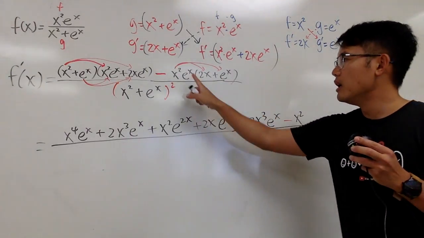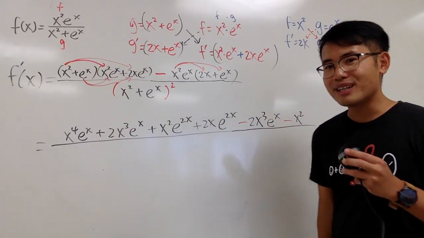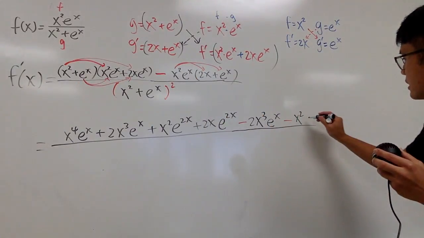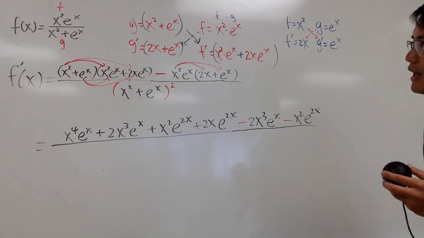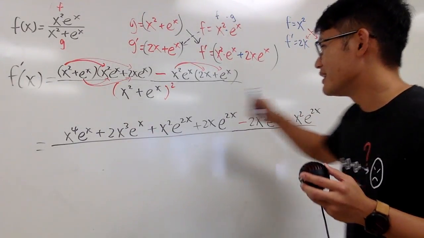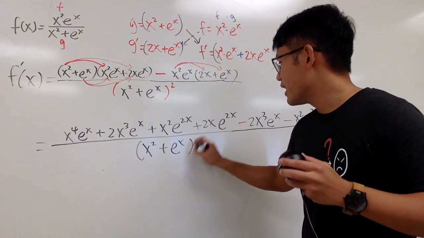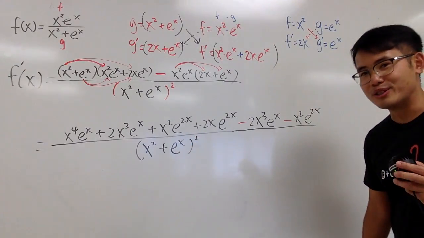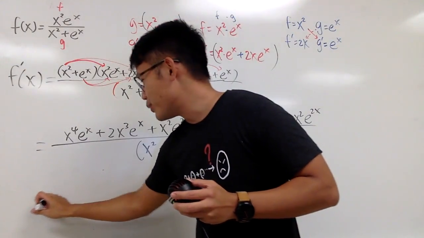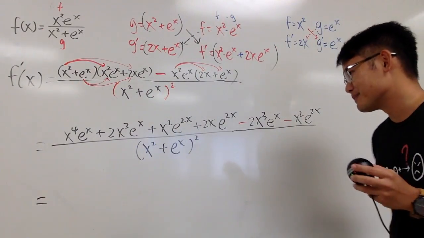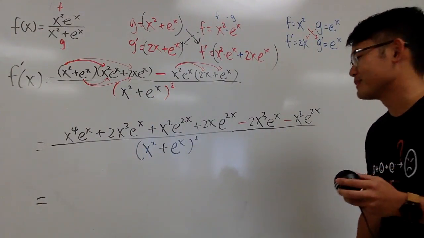And then e to the x times e to the x is what? E to the 2x. Like that. All over that. And if you guys think this is long, you should look at my Cal 2 video for integrations, right? This is actually pretty straightforward. It's just kind of a lot of work, I know.